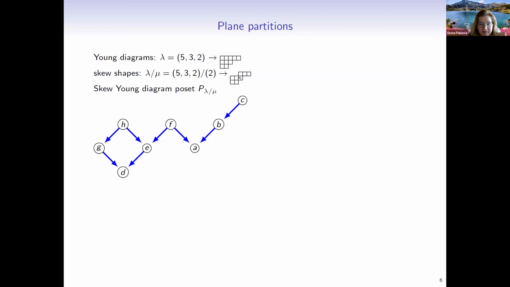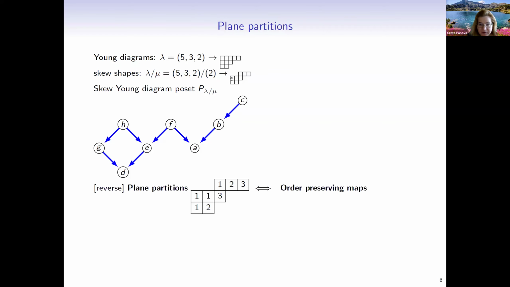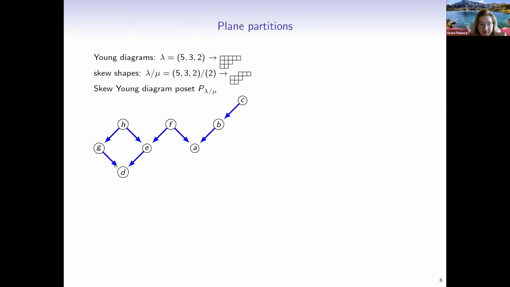So here is our partially ordered set that corresponds to this Young diagram. This corner here where my mouse is, for example, is the element D in the partial order. This here is going to be the element A, and so on.